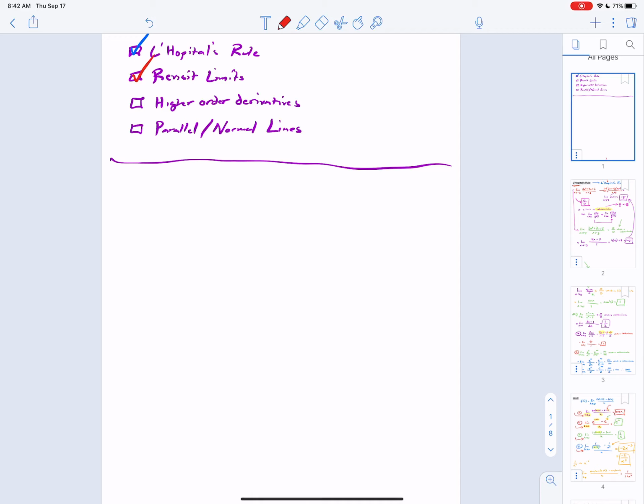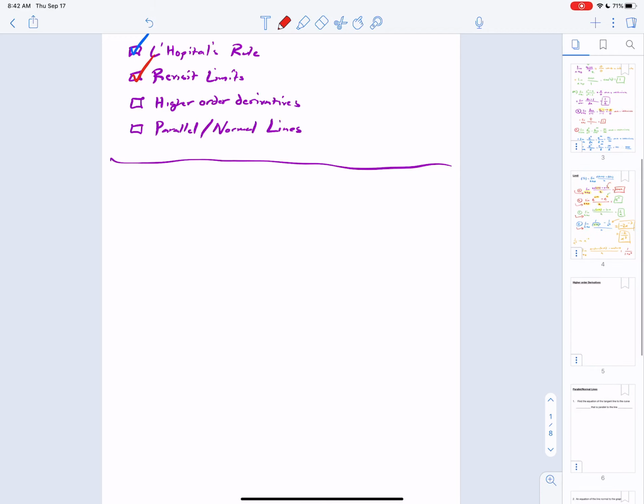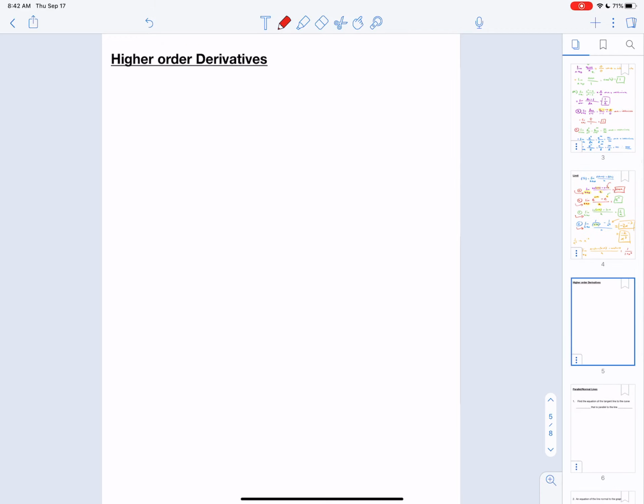Cool. Okay, on to higher order derivatives. Higher order derivatives is basically when you take derivatives multiple times, okay? So suppose you had a function. The derivative would be written as f prime of x. The second derivative would be f double prime of x. Notice how I'm saying it, okay?